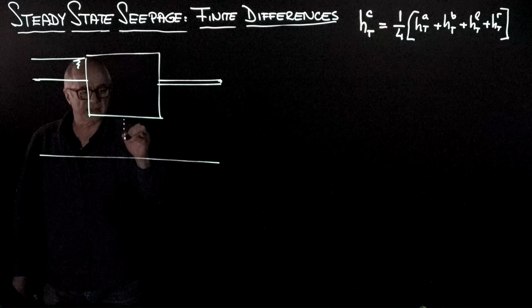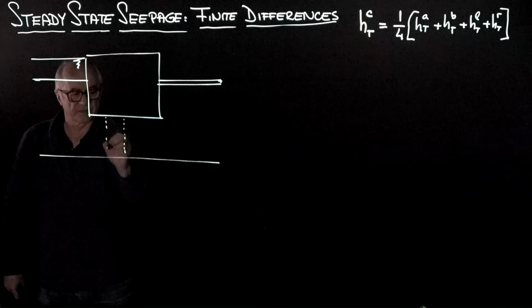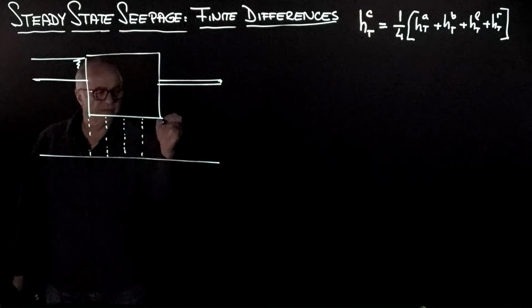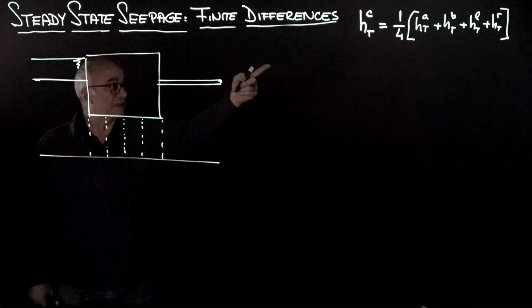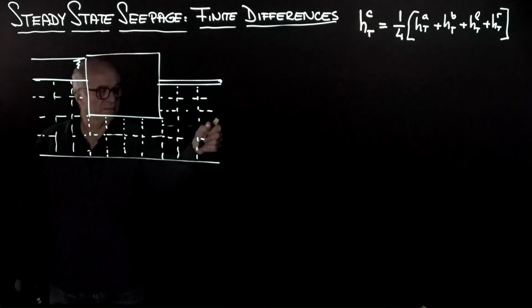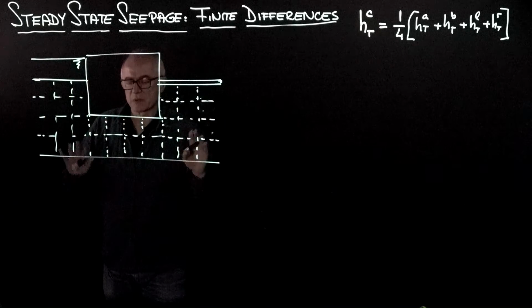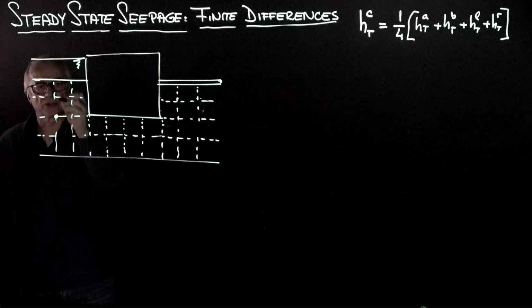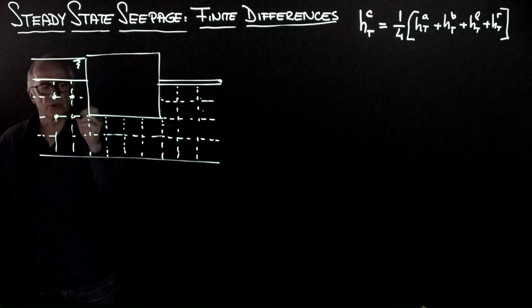If we discretize the system in equal delta x and delta y, because that is what we assume for that equation, we have created a grid, and we are trying to solve what is the total head at each node on this grid.